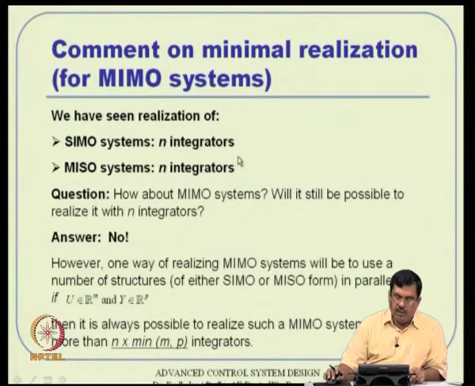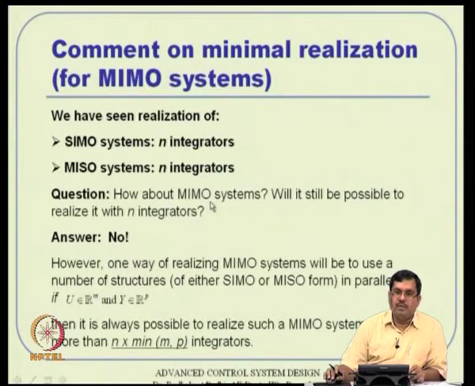However, there are realizations possible for single input and multiple output systems, where we can still realize the system with n integrators. And for multiple input but single output systems, we can still realize the system with n integrators also.